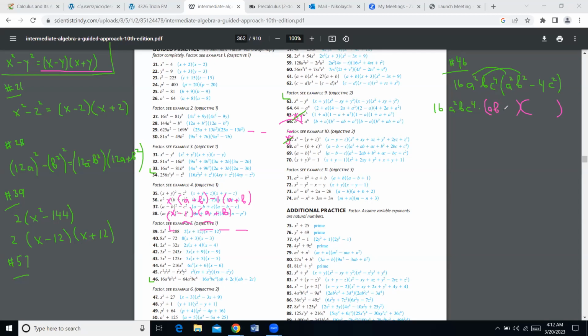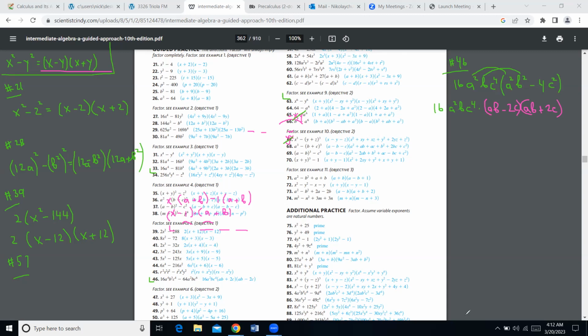It's ab minus 2 times c. And for the second, it's also going to be ab and 2 times c, but with a positive sign, right? So we have factoring in here. And this is great. And I guess that's all we need in this group of exercises.